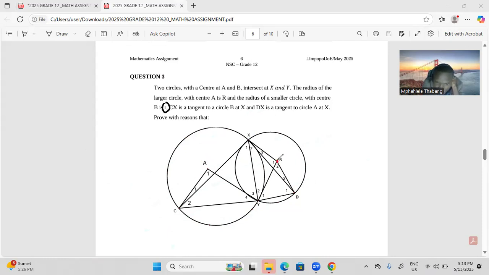Remember, B is the center. So the distance from B to D, what is it? It's a radius. The distance from the center to the circumference is a radius. Another radius, it's here. This is a radius. Another radius, it's here. This is a radius. And all radii are equal. So BD, BX, BY, they are equal.